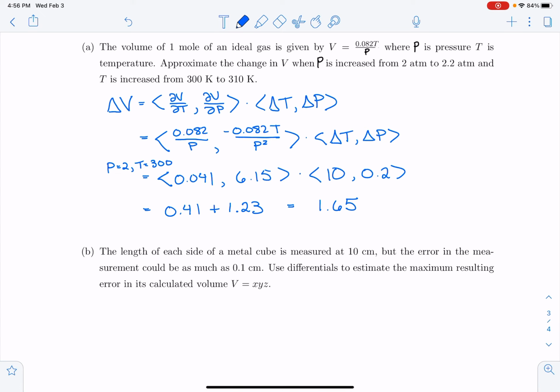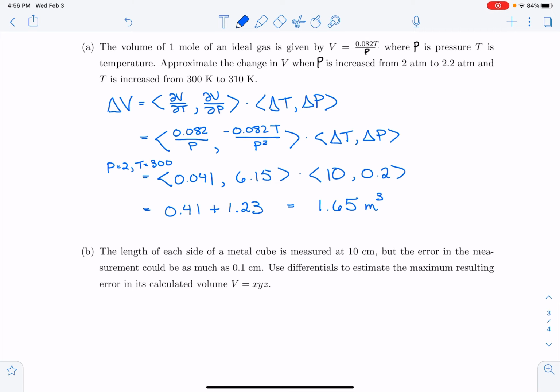And this is going to be in meters cubed. So if we change temperature by 10 degrees Kelvin, but also change the pressure by 0.2 atmospheres, the overall change in volume is going to be 1.65 meters cubed.